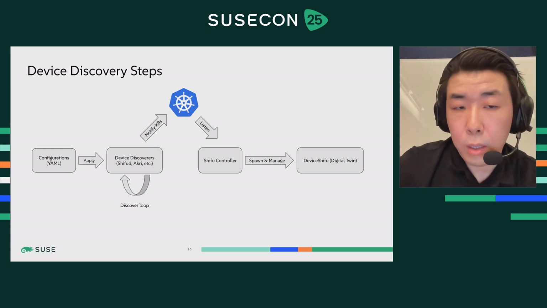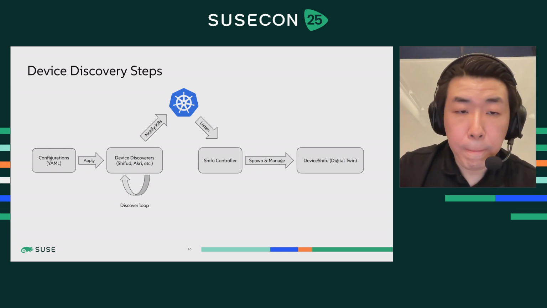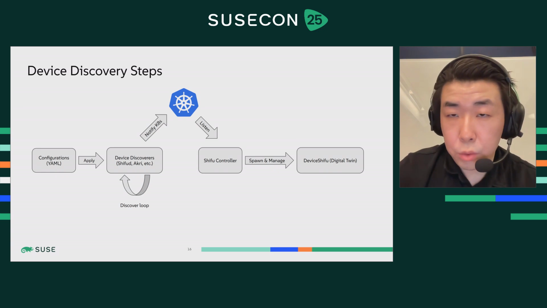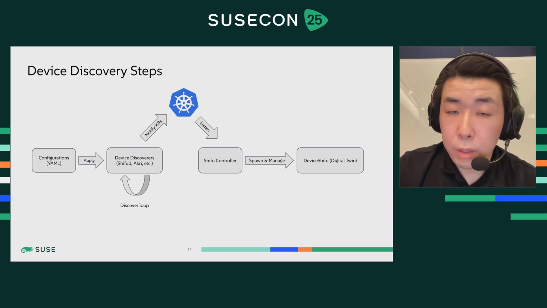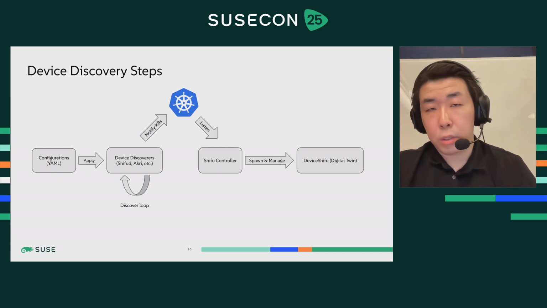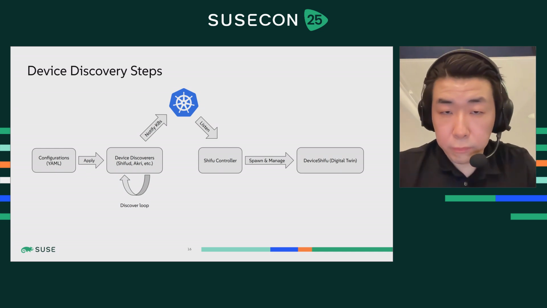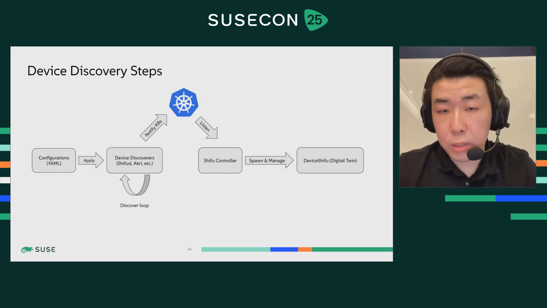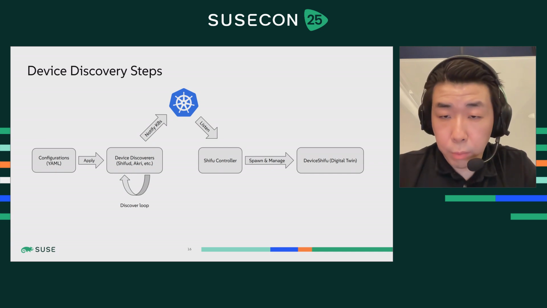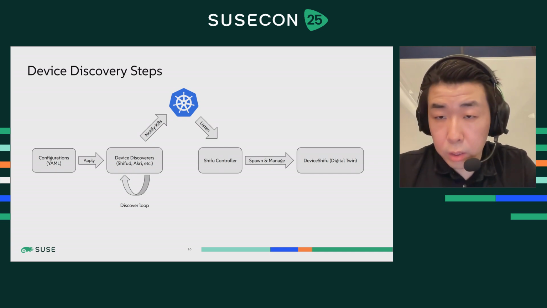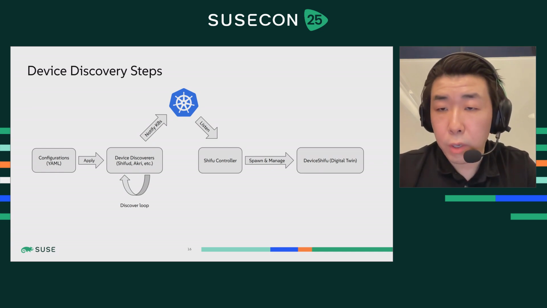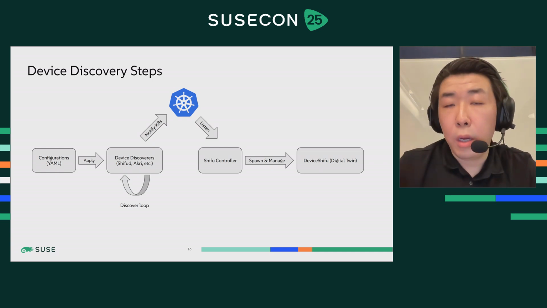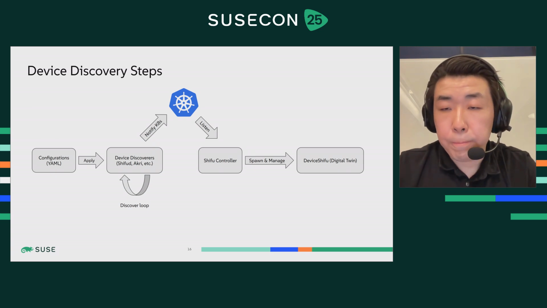And once the device has been discovered, the device discoverers will notify Kubernetes or K3s, and then Shifu controller continuously looks for events. And then when that happens, Shifu controller will spawn the digital twin of the device, which we also call the device Shifu, in the form of Kubernetes CRDs and deployments.